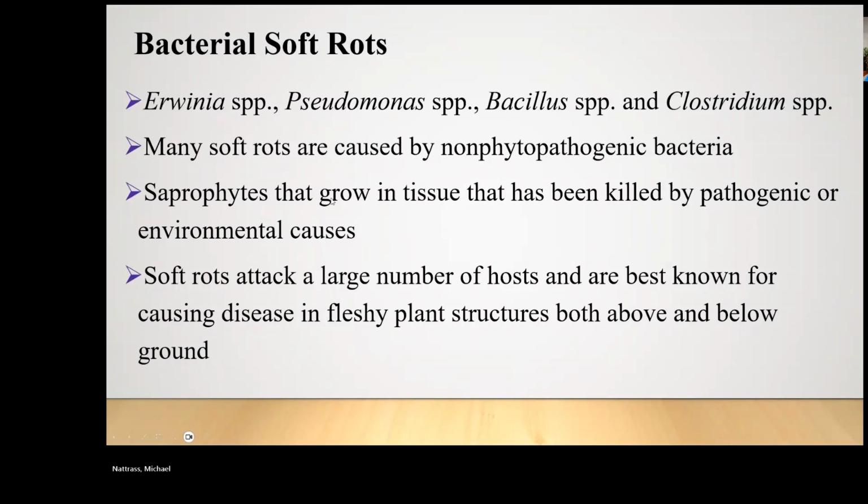This soft rot is not necessarily phytopathogenic, meaning a plant pathogenic bacteria, but is more of a saprophyte in that it's going to try to decompose whatever tissue is there.